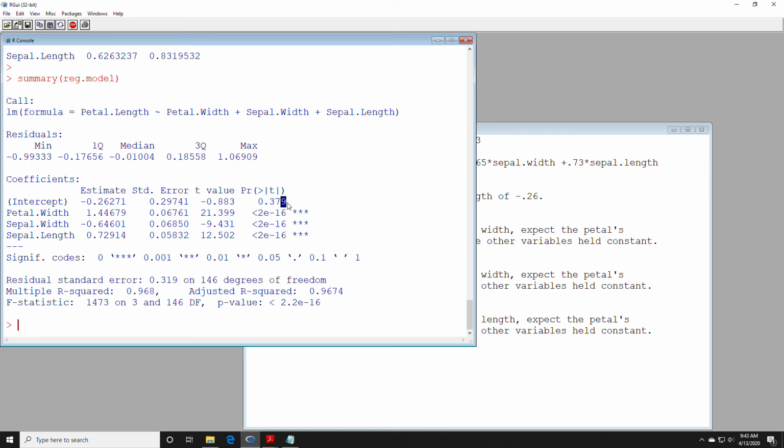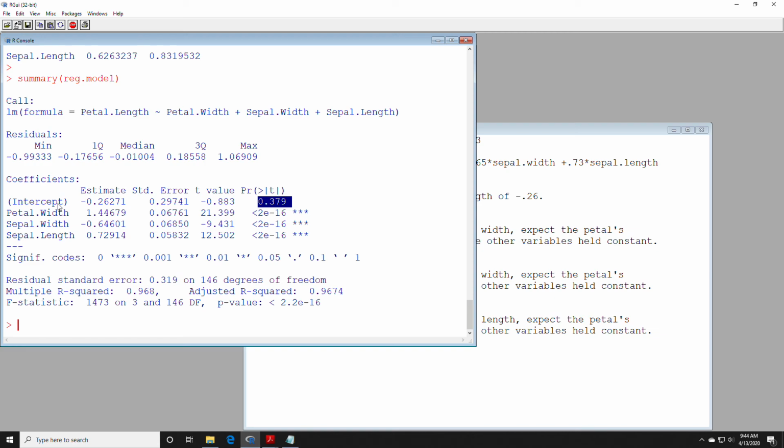Just assume alpha is 0.05. This p-value is greater than 0.05, so we would fail to reject the null hypothesis, which in this case is that beta naught is equal to 0. So we don't have evidence that it's not equal to 0.